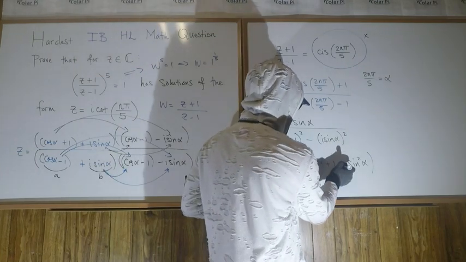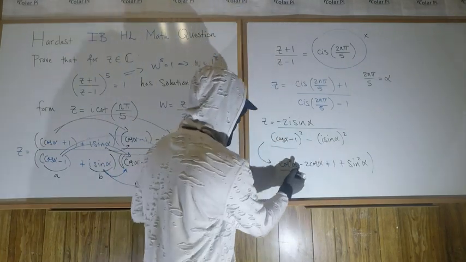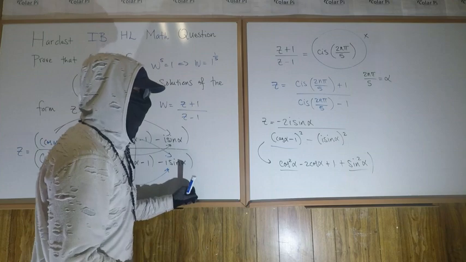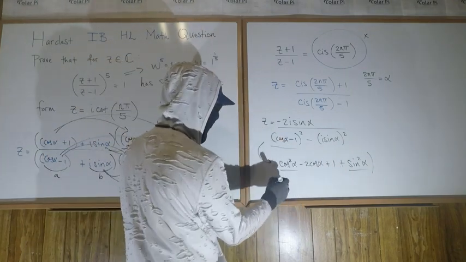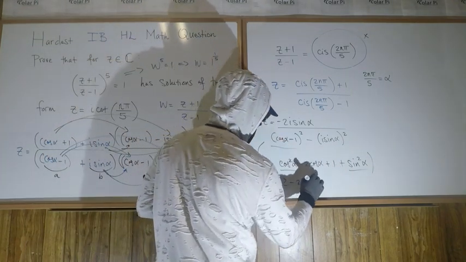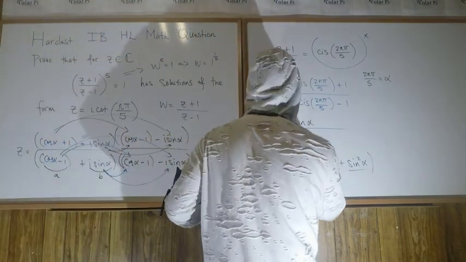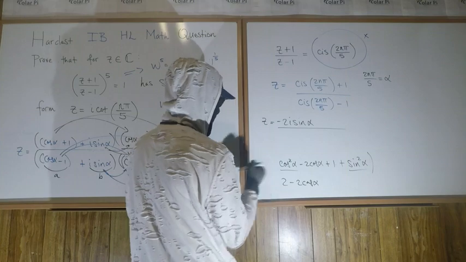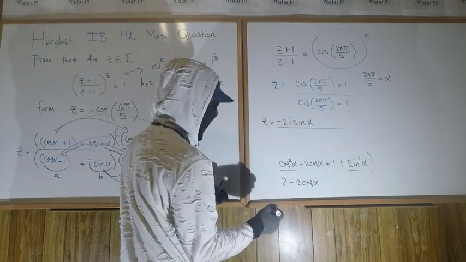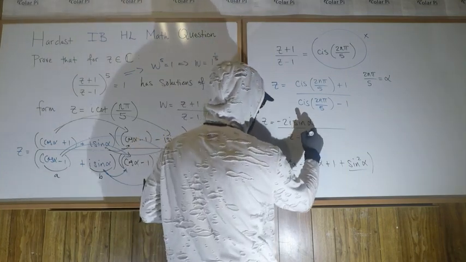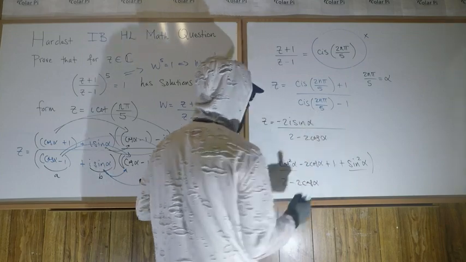Okay, but now there are, because now we have cosine squared alpha plus sine squared alpha, that's 1, but with this other one they make 2, so we have 2 minus 2 cosine alpha. That's the denominator. Okay, so the denominator is, yes, 2 minus 2 cosine alpha.